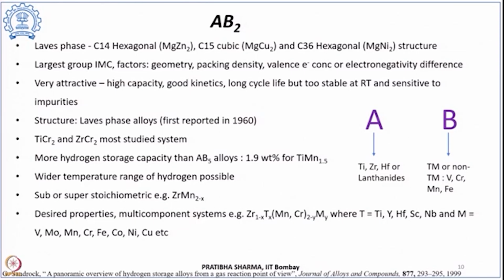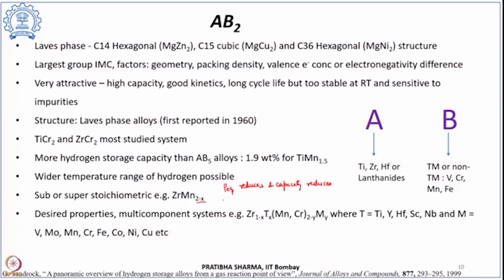Now, when it is 2 minus x, considering that x is positive, the equilibrium plateau pressure reduces compared to Zr Mn 2. So, the equilibrium plateau pressure reduces, and at the same time capacity also reduces when x is positive, or the composition is Zr Mn 2 minus x.